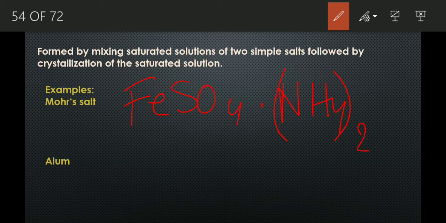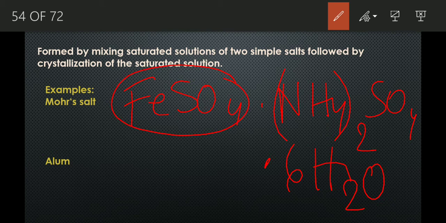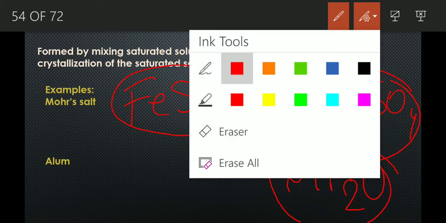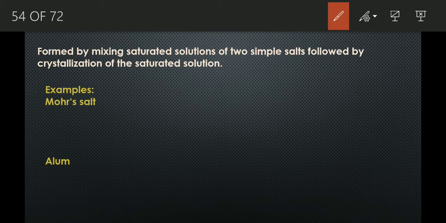This type of salt always contains two simple salts because it's a mixture of two simple salts, right? So the two salts which are present in Mohr's salt, first is ferrous sulfate and another is ammonium sulfate. The mixture of these two simple salts gives rise to Mohr's salt, and water of crystallization is present as 6H2O. Clear?